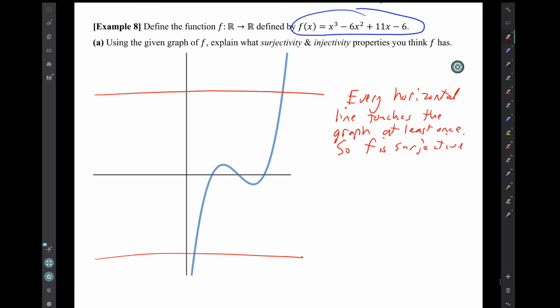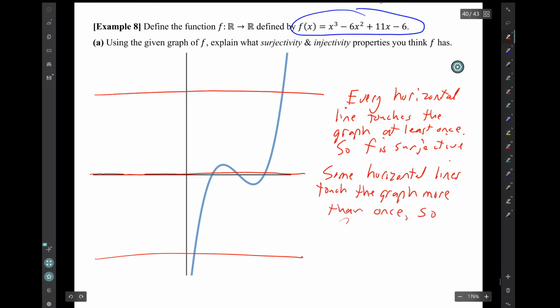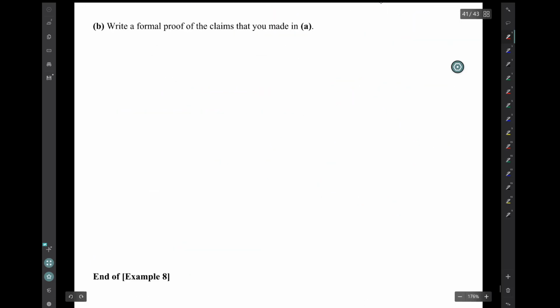On the other hand, notice that some horizontal lines touch the graph more than once. So we pass one horizontal line test, the test for surjectivity, but we flunk the other horizontal line test, the test for injectivity. Now, write a formal proof of the claims that we made in A.